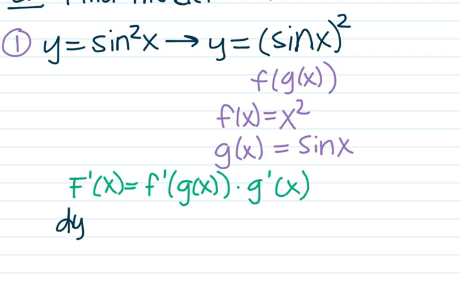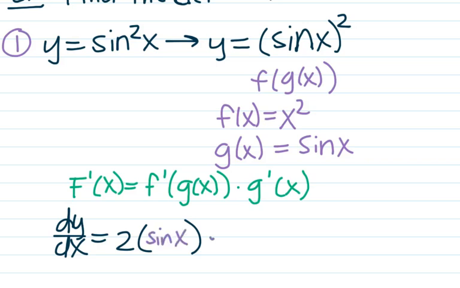So for dy over dx, we're first going to find the derivative of that outside function, or the something being squared. So we're going to use the power rule, bring down the 2. And then it would go to a power of 1, which we don't really need to write, but that's what's happening. And the sine x is actually still in there. It's not changing in that first step.